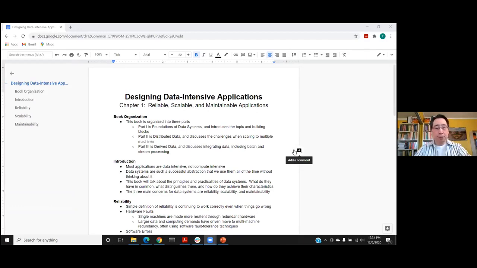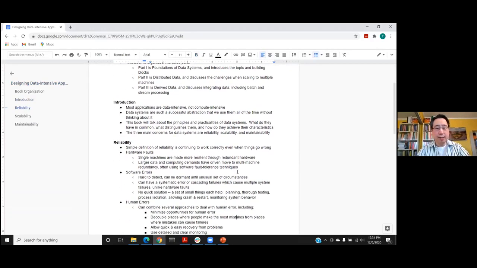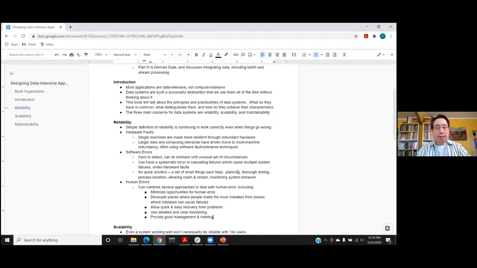So looks really good. Where we start, chapter one, is just an introduction where he says, hey, these days, most applications are going to be data intensive, not compute intensive. If you have a compute intensive problem, you don't really have many of these issues of scalability or whatever, because basically you're going to bring data together and then you're just going to crunch on it for a really long time.